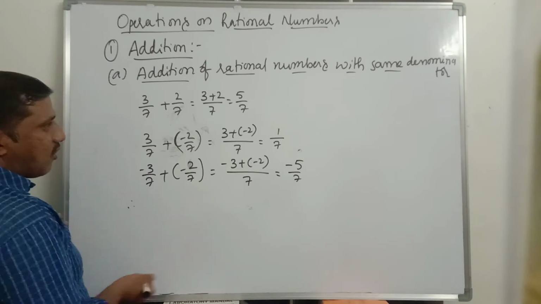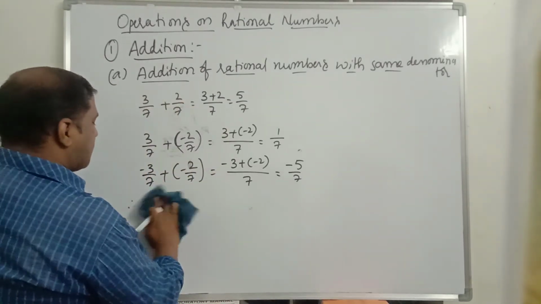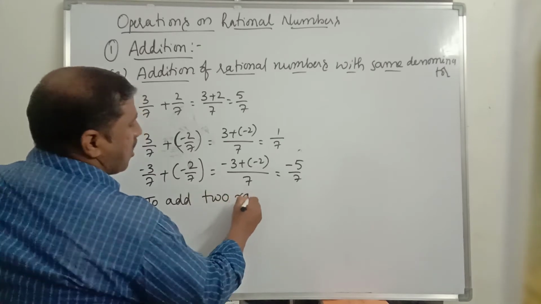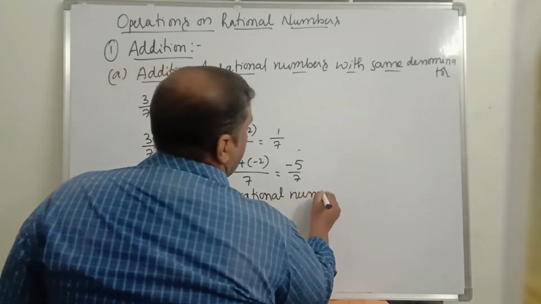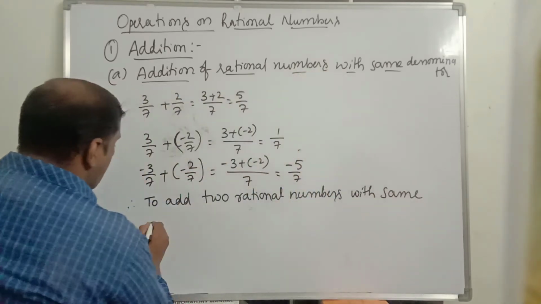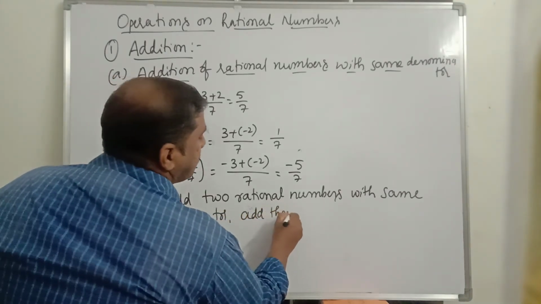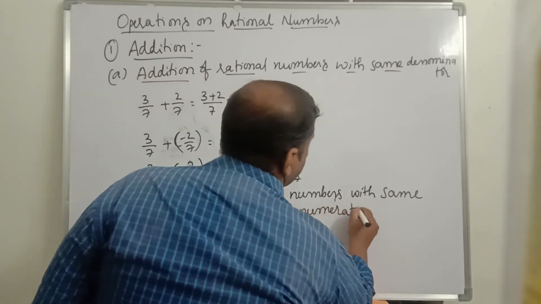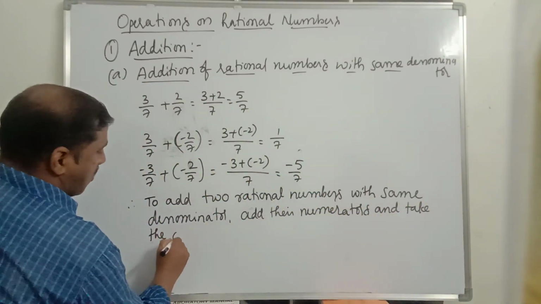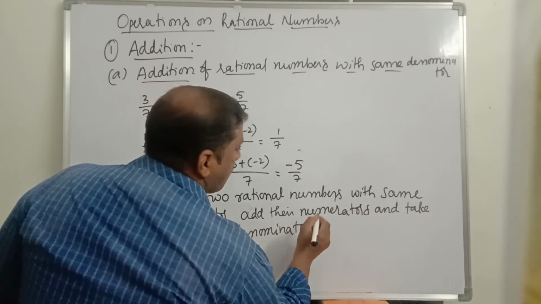Therefore, what we can conclude from here is: to add two or more rational numbers with the same denominator, add their numerators, take the common denominator, and write the result.